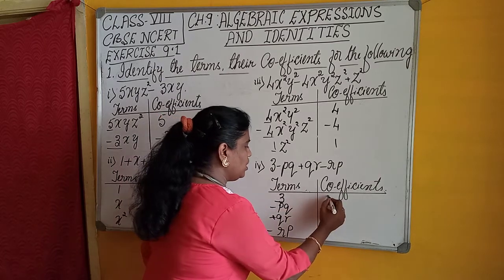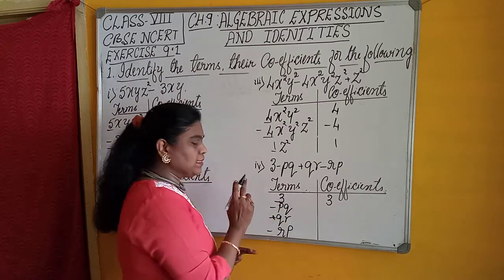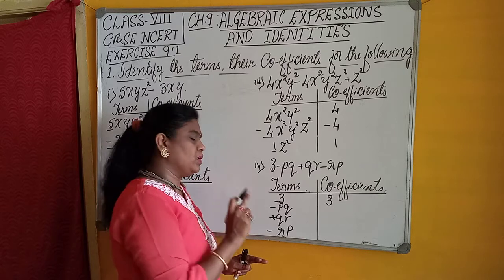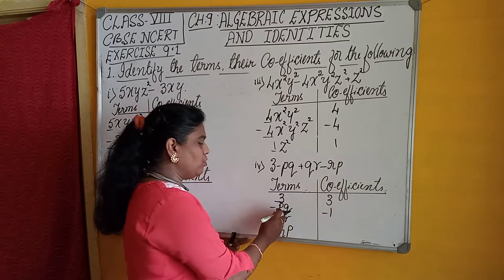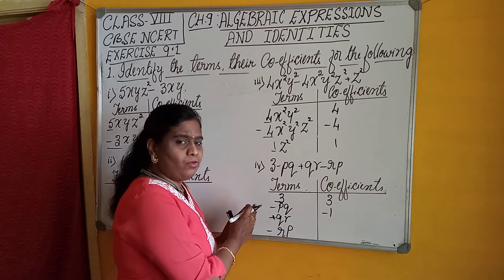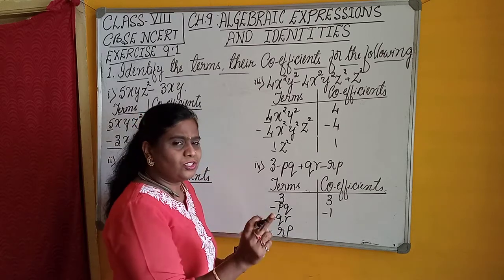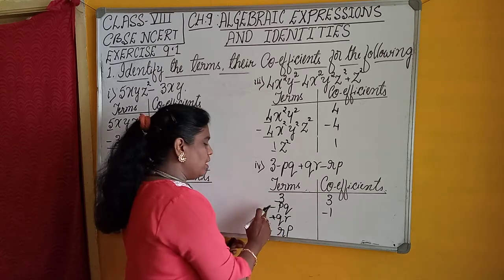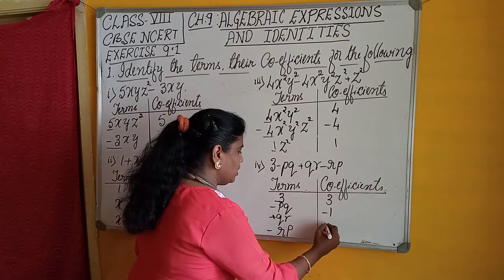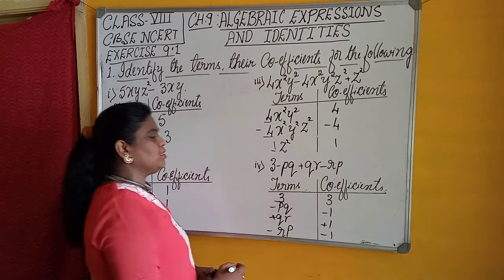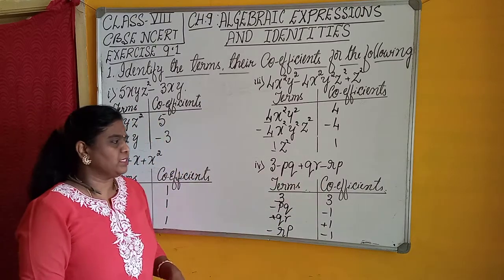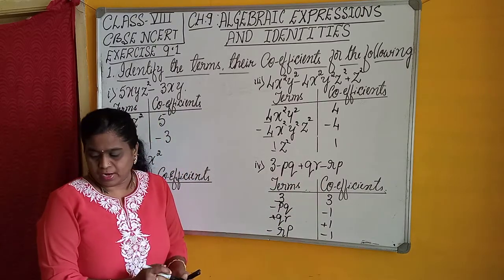That is 3 here, and minus PQ is nothing but minus 1. For PQ there is no numerical constant; you should understand that there is a 1 along with the symbol. Here also 1 and here also minus 1. These are the terms and the coefficients we can identify.